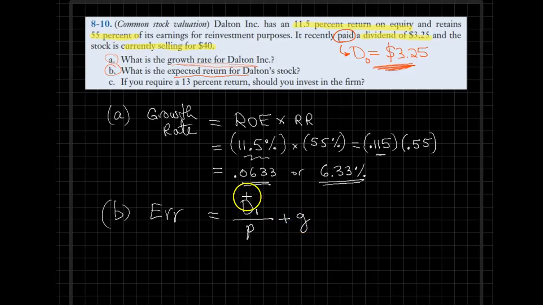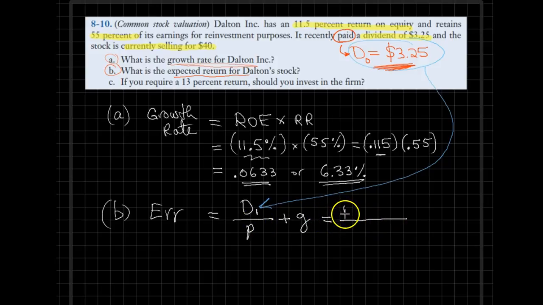As I said earlier, we are aware of the dividend for the previous year, so we need to translate this into a figure for the following year, and this would be based on the growth rate that we just calculated. So we can rewrite this expression as D0 times 1 plus g, and the other parameters will not change. That's an alternative form to write D1: D0 times 1 plus g.